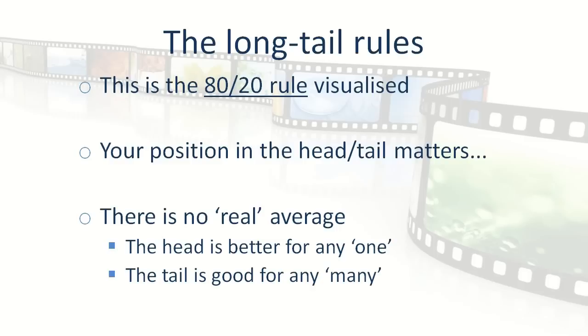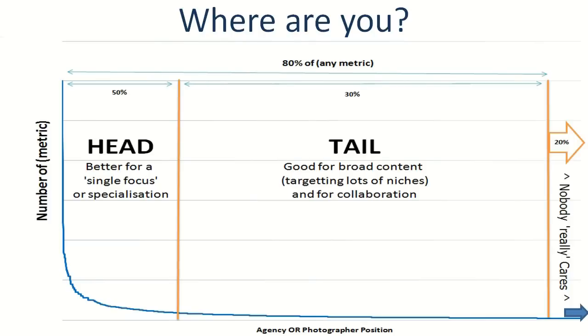There's a very small number of photographers really focusing and performing well on that head end. The tail is better if you work in, say, producing 20 images for 100 different niche topics. You're likely to see some success in the tail.